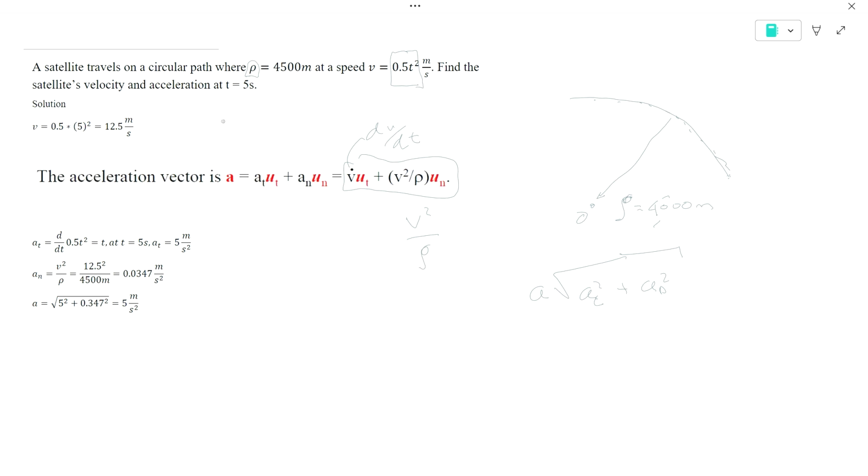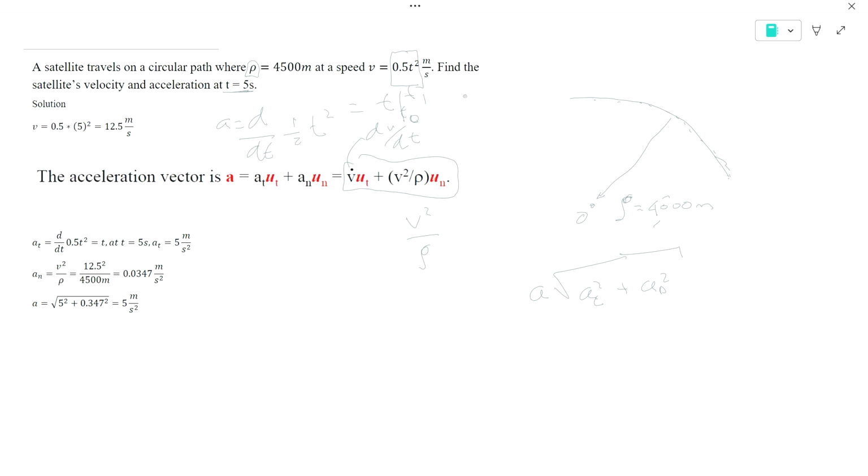So the first thing is that the acceleration is going to be the derivative of 0.5 t squared. This is going to be just t, from t0 to t1. So t in this case is 5. Very simple.